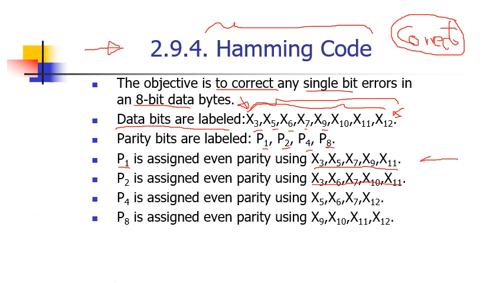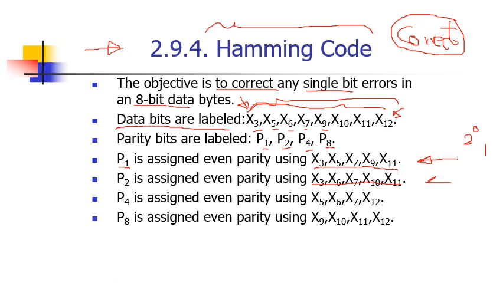And if you notice what's common between 3, 5, 7, 9, 11 assigned to P1 is that the bit whose weight is 2 to the power 0 is 1. So the least significant bit is 1 in 3, 5, 7, 9, 11.